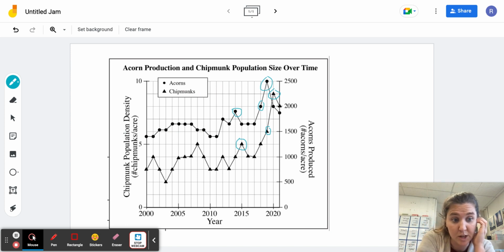So that's one trend that we could use as our claim. As the number of acorns increases, that's followed by an increase in chipmunks. And it says to point out specific pieces of evidence. To do that, you would want to use some of these numbers about how much acorns increased and then how much chipmunks increased for that question.